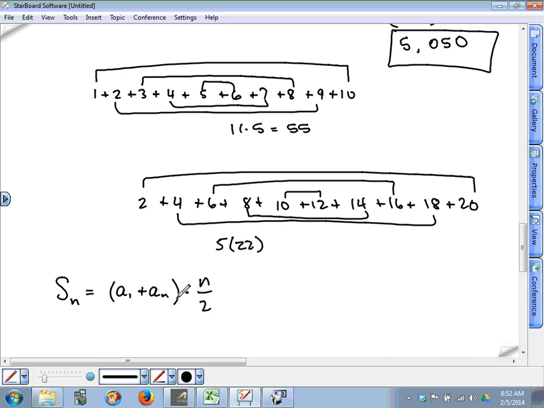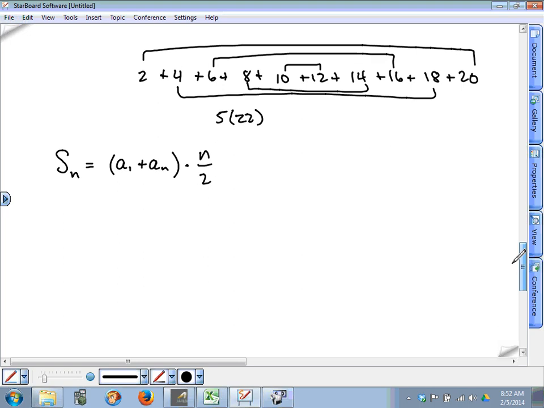So where did we get the A from? Well, A sub 1 is just in general the first term of whatever sequence you're adding. And A sub n would be the last that you're adding. Let's test this. Example 3.